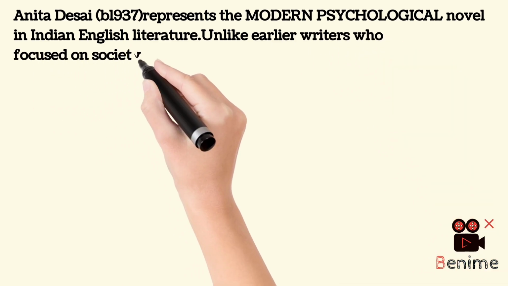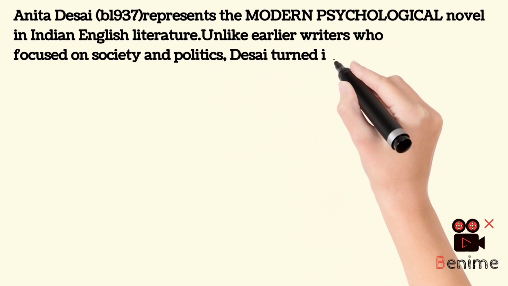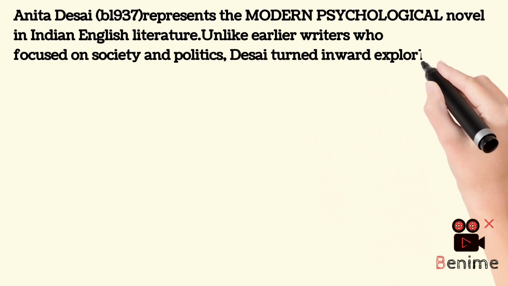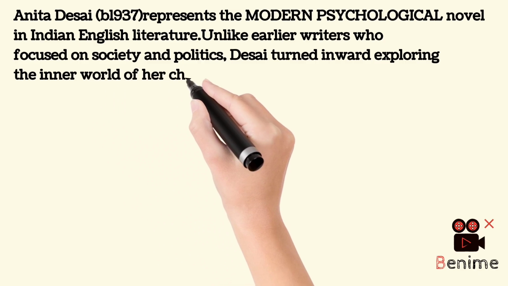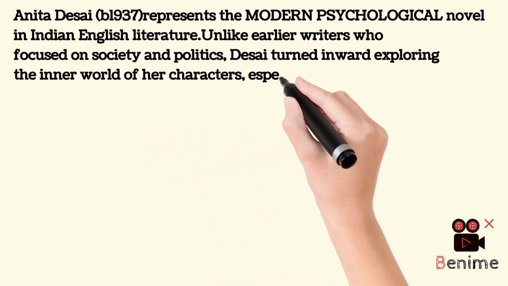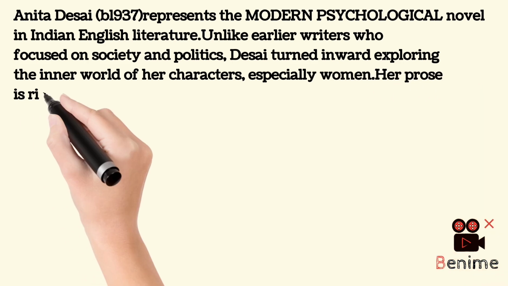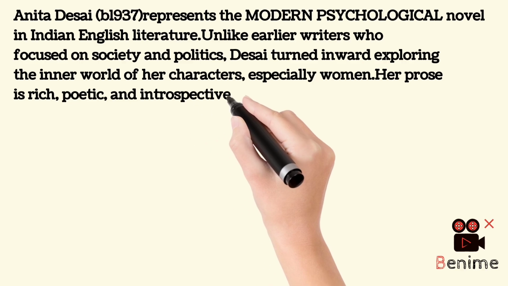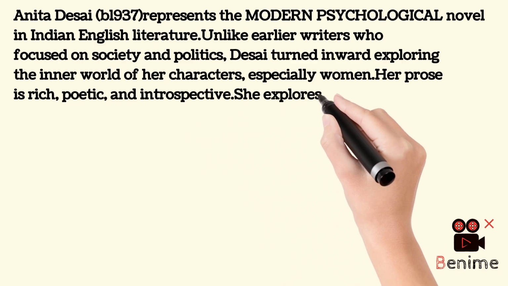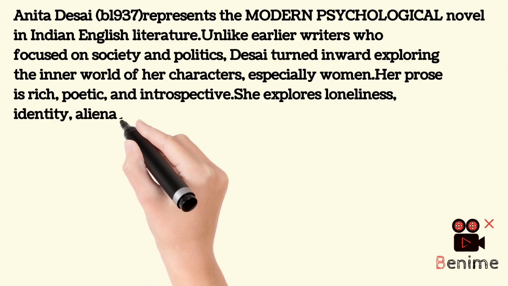Anita Desai was born in 1937, and unlike earlier writers who focused on society and politics, Desai turned inward, exploring the inner world of her characters, especially women. So for that reason we can also find her as a feminist. Her prose is rich, poetic, and introspective.